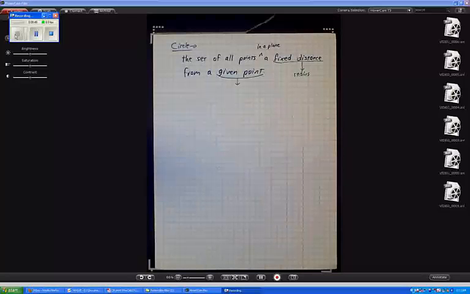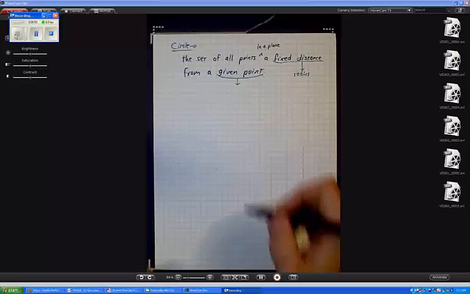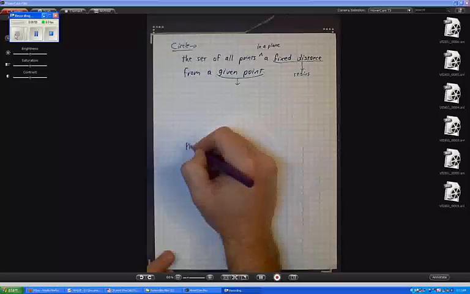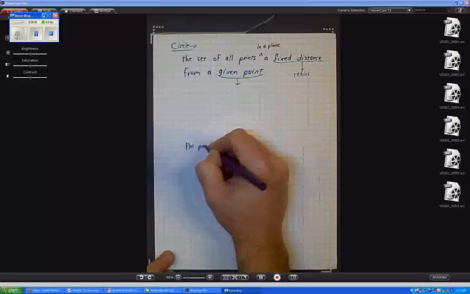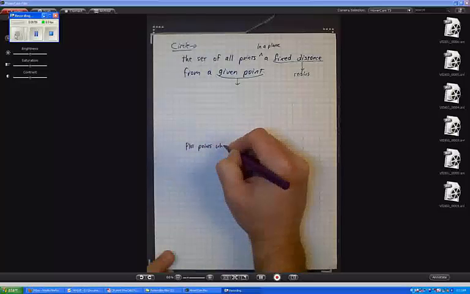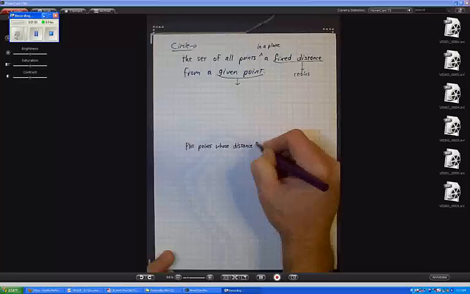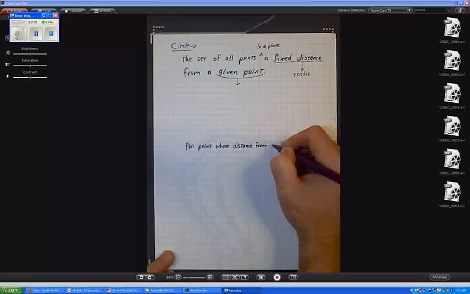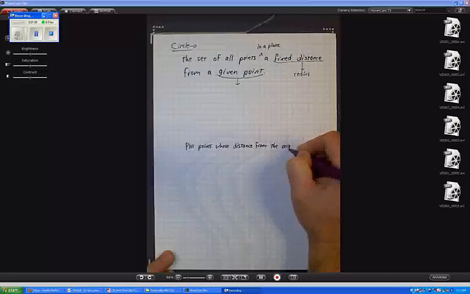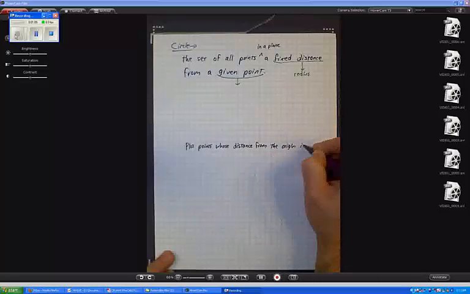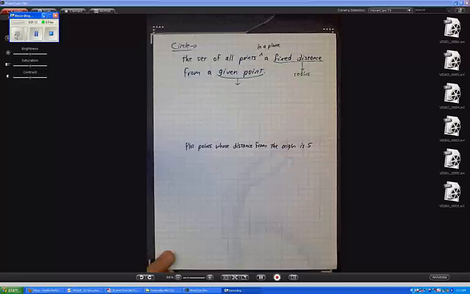I decided that for this problem, I wanted to plot points whose distance from the origin is 5. But what I'm about to do is change the origin to some other point.